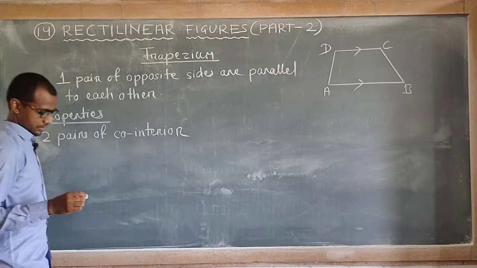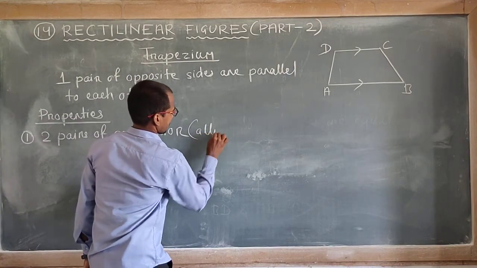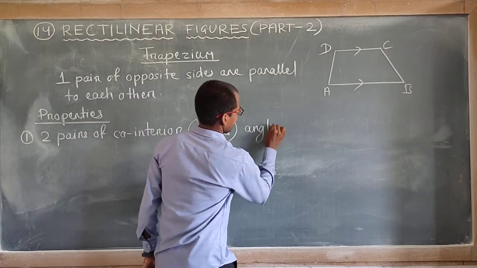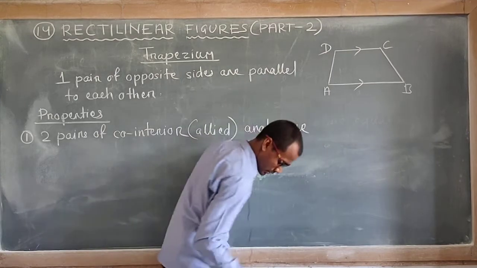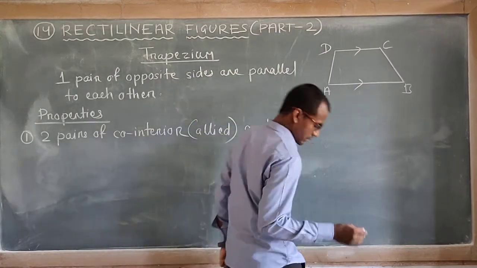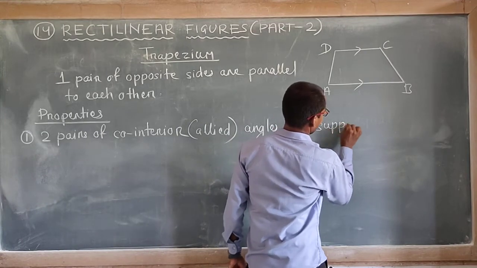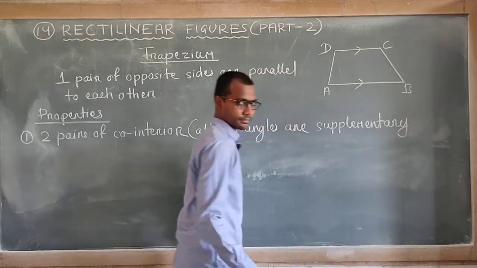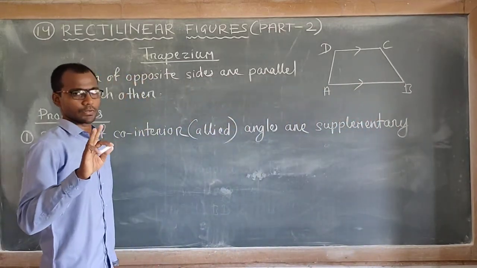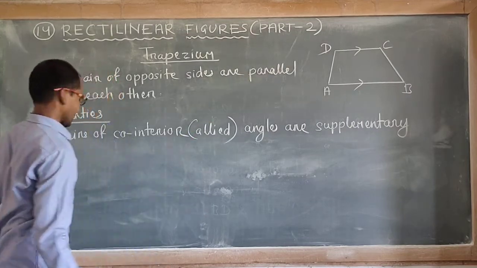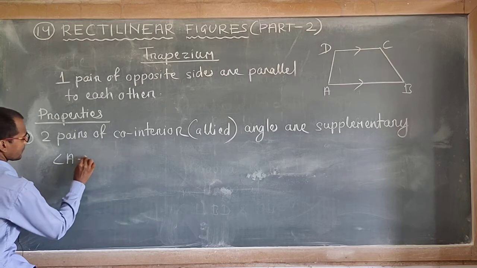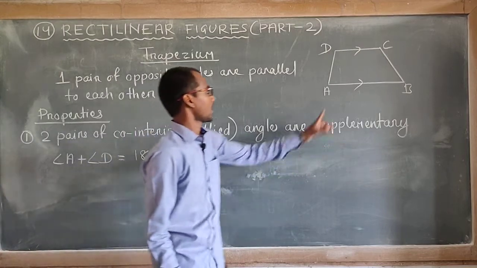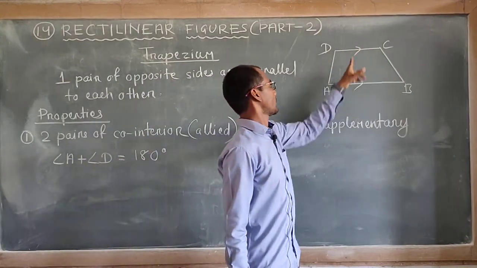Two pairs of co-interior, also called allied angles, are supplementary. Two pairs of allied angles will be supplementary. In this case, angle A plus angle B will be 180 degree. Angle A plus angle B will be 180 degree because AB is parallel to DC.